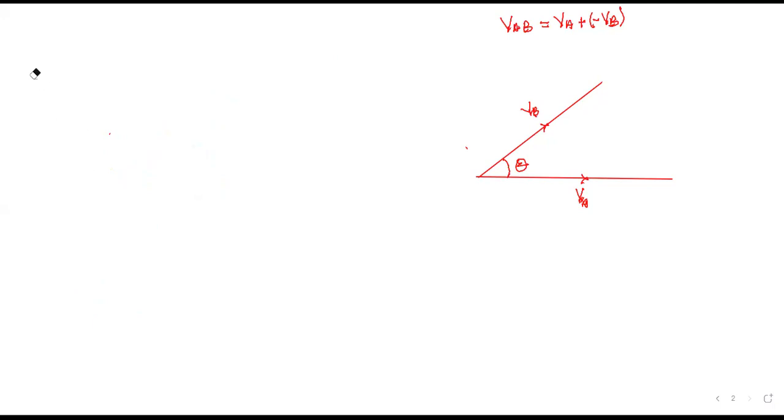So in negating B, B must have a direction opposite to VB, which I've drawn on the diagram. So VA is here, and so this must be negative VB with the same magnitude as the positive. Please, are you okay with this?